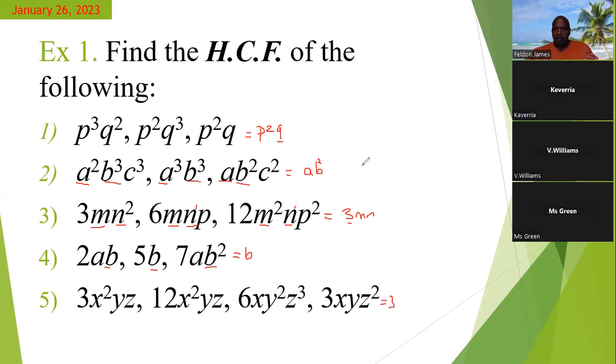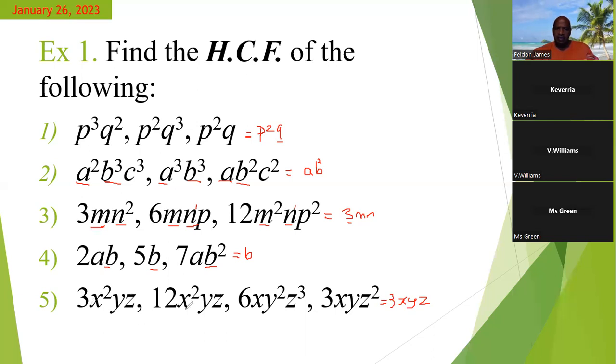Hold on. Let me write this properly. All right. Go ahead, Miss Cabrera. Sir, it's 3xyz. 3x, y, z. All right. So let us check.